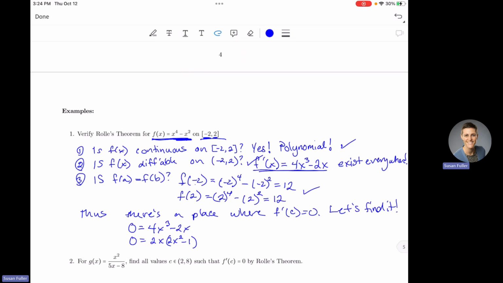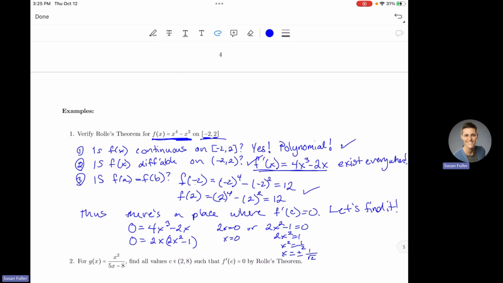All right, so that means either 2x equals 0, which means x equals 0 is our first c value, or 2x squared minus 1 equals 0, in which case 2x squared is equal to 1. x squared is 1/2, which means x is plus or minus 1 over the square root of 2. So I get 2 c values from that one.